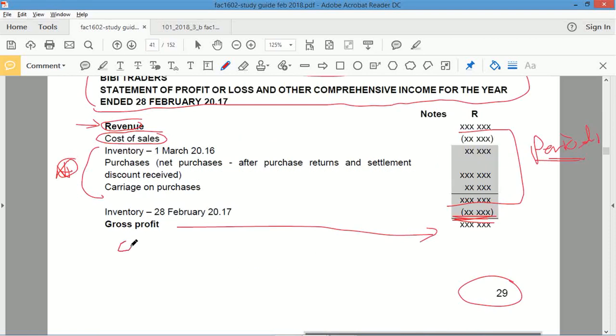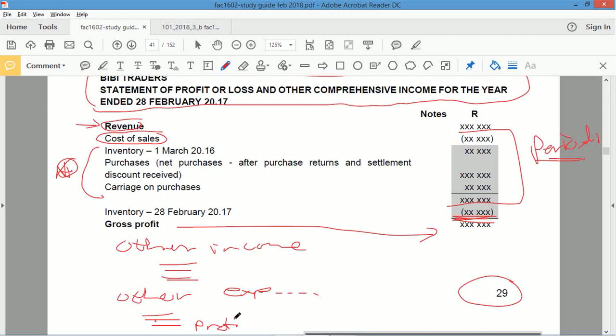After that you would have your other income and other expenses. See, this is not even complete. Then you list all the expenses, and at the bottom you'll have profit for the year or loss for the year, depending on what you get, under two total columns like that.